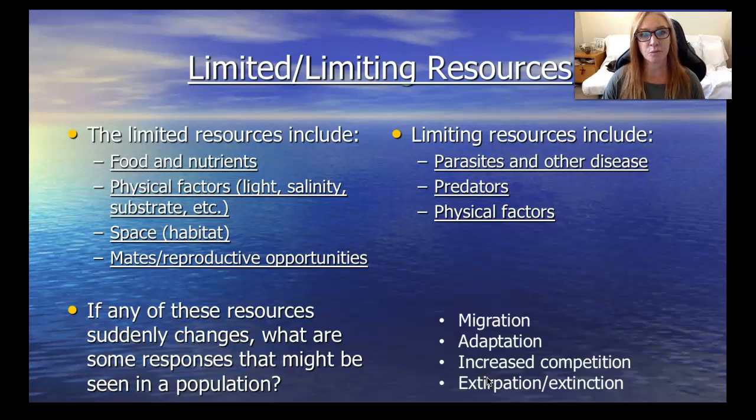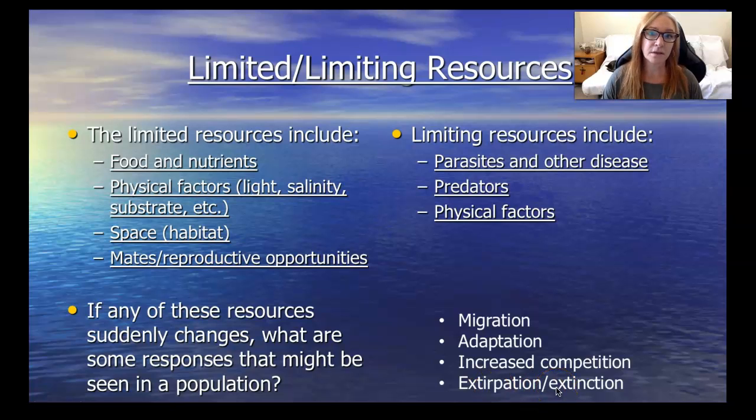So you might see a group of fish that cannot adapt to a new temperature change in the water. That one population in one ecosystem might go extinct. But that same species of fish might live in another reef somewhere else and still be alive. So that local extinction we call extirpation, or the whole species will go extinct.